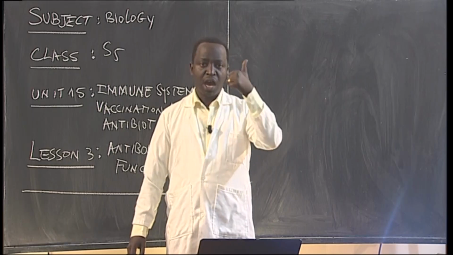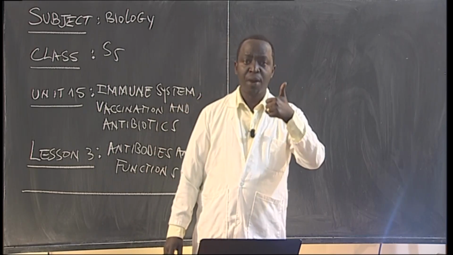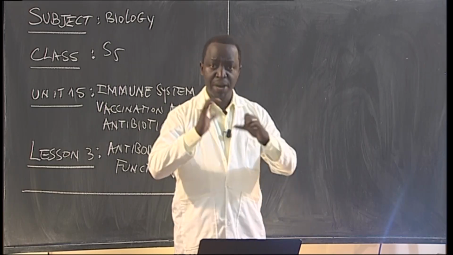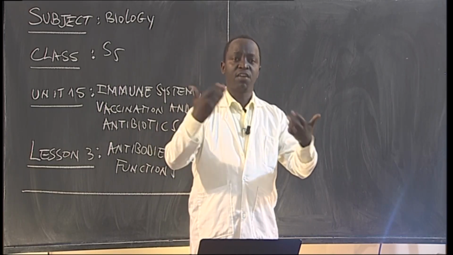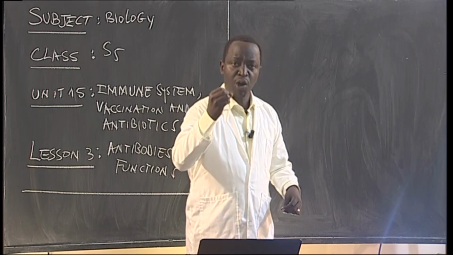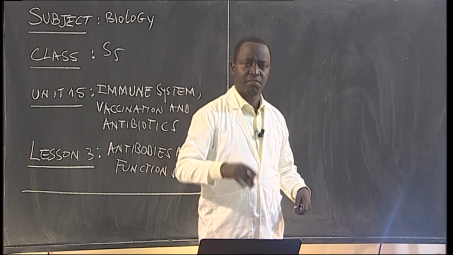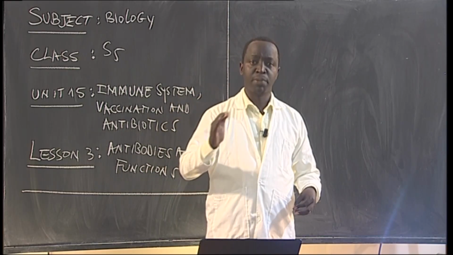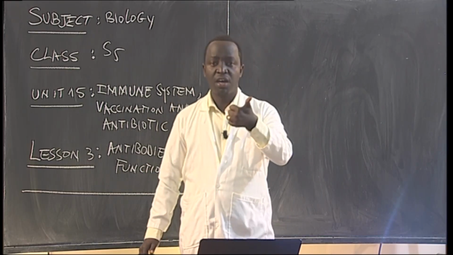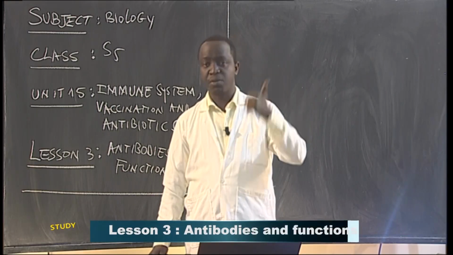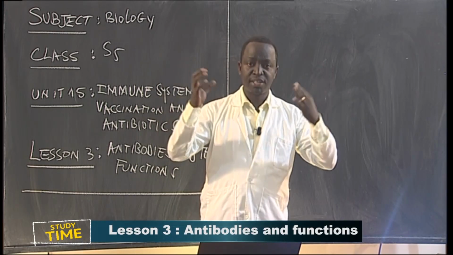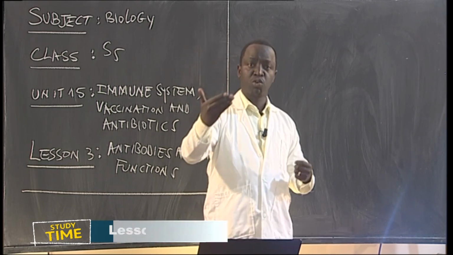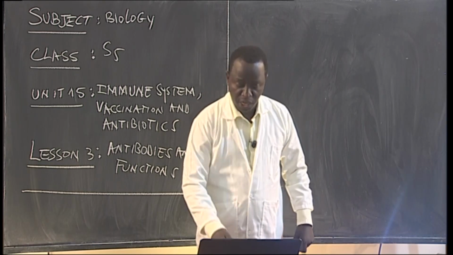Antibodies bind to toxin substances found on bacteria, and they neutralize those toxins so that they cannot cause any problem in your body. That's the first function of antibodies: to neutralize, nullifying those toxins found on bacteria. Are we together?